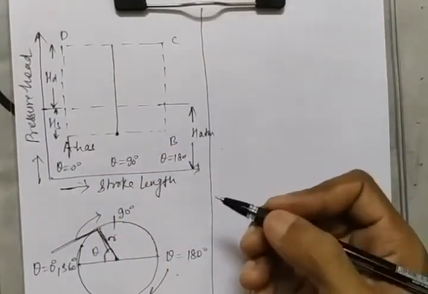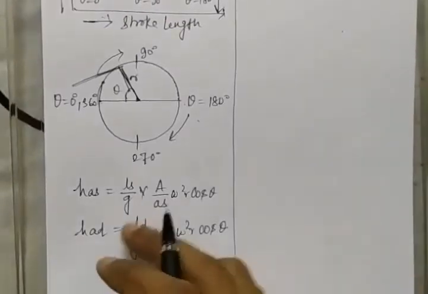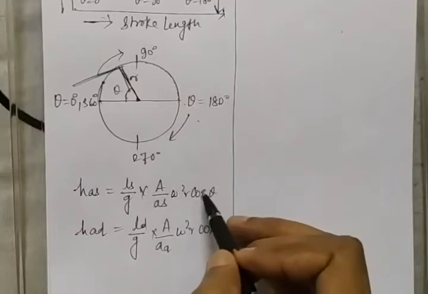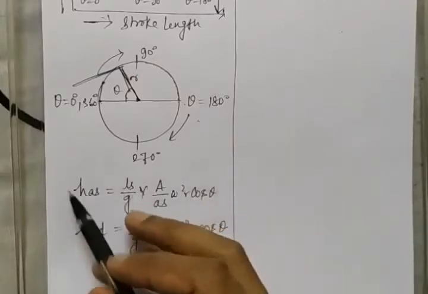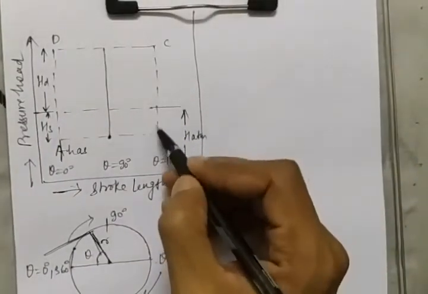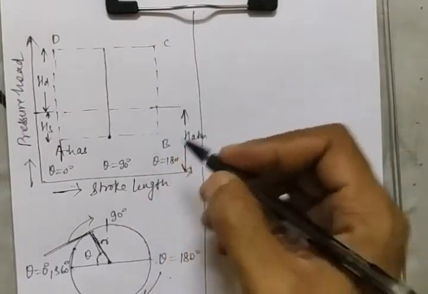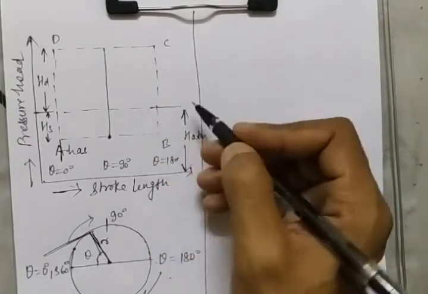Now after that, at theta equal to 180 degree, HAS will be negative, because cos 180 degree is negative, and this whole value will be negative. So guys, this value is HS, and this value will be reduced, because HAS is negative, so the net HS value will be reduced.